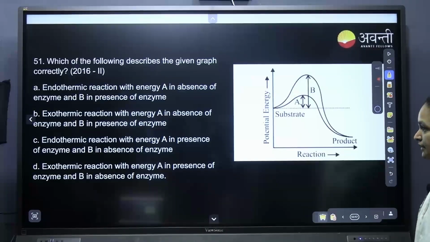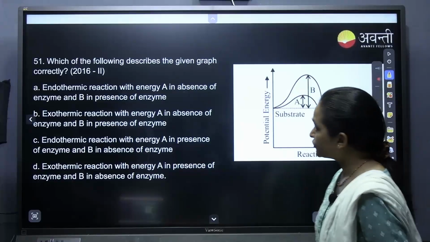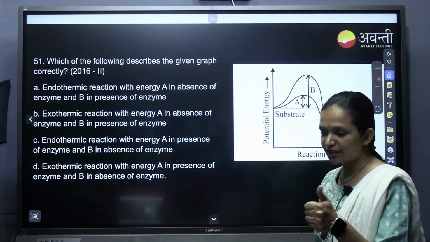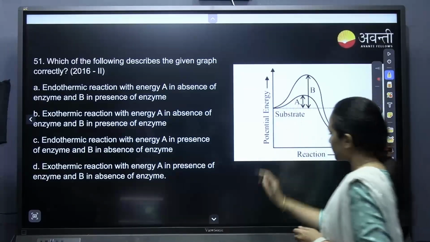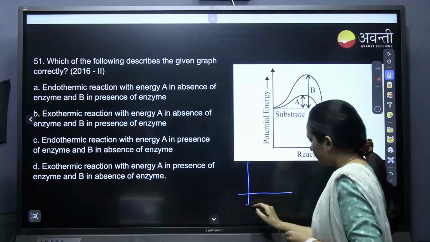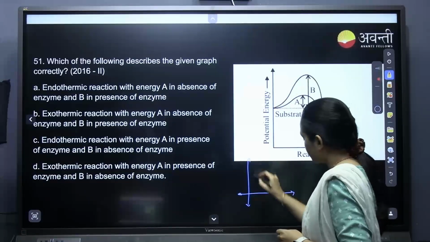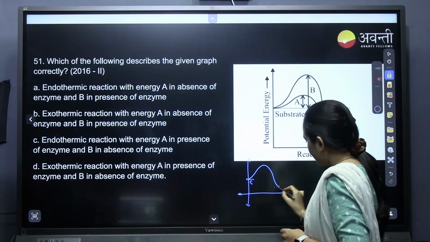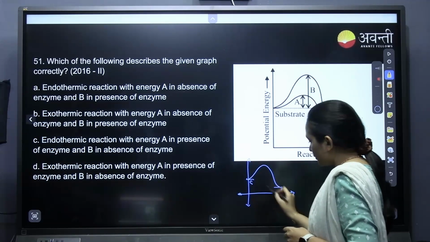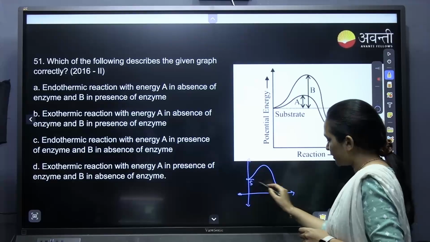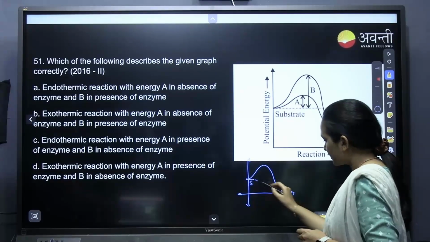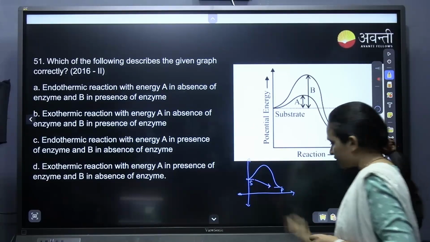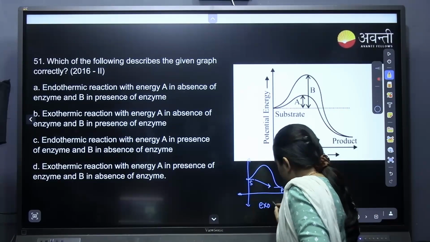Easy. Now, which one of the following describes the given graph? There are two types of reactions, endothermic and exothermic. I will draw the graph here for the exothermic reaction. If this is the substrate and this is the product, when the substrate becomes the product, it has lost its energy. This is exothermic.